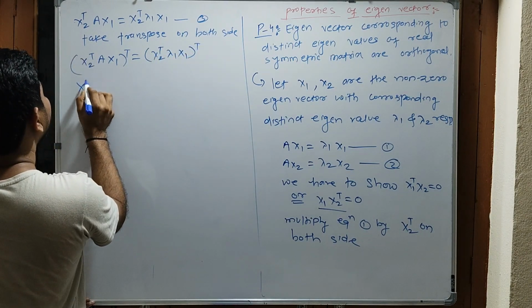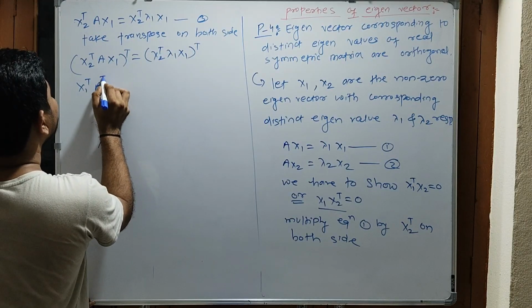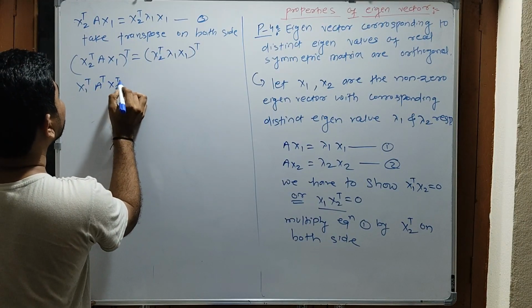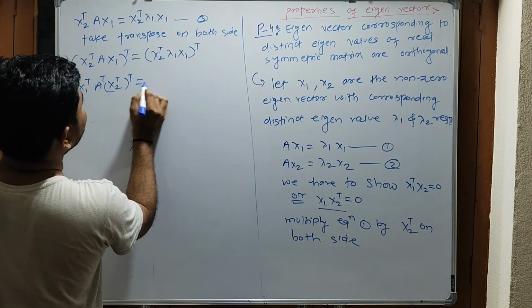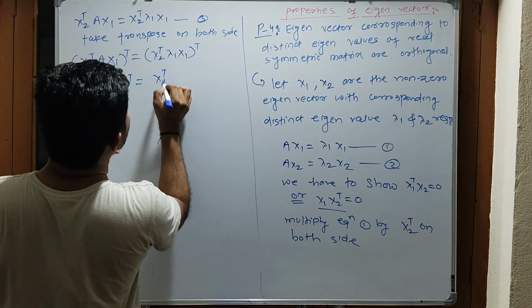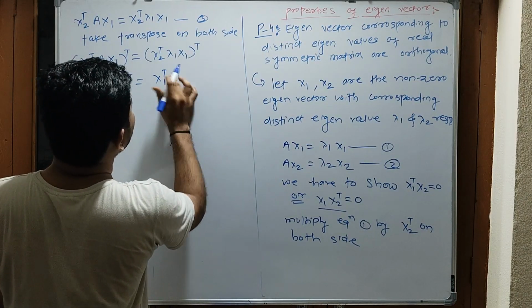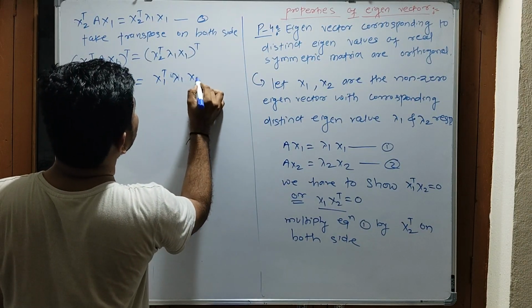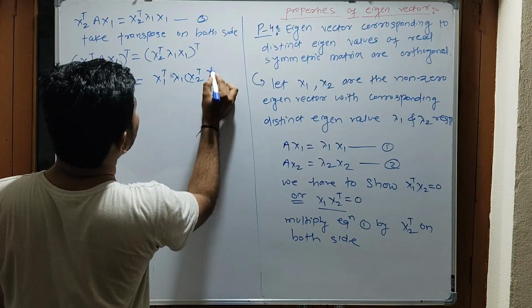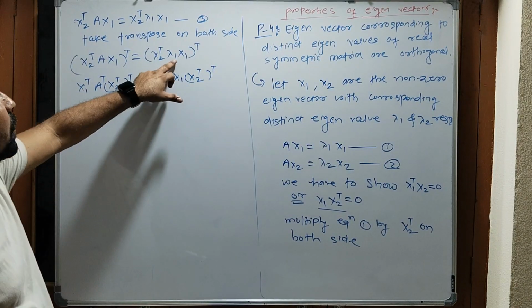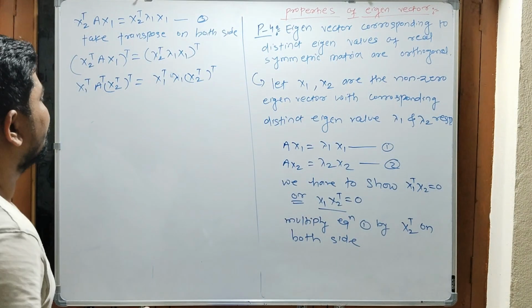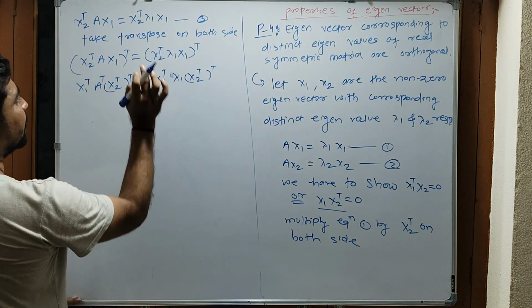This is the same as x1 transpose A transpose x2 equals x1 transpose lambda 1 x2. Lambda 1 is a scalar, so there is no need to take its transpose, as it is not a matrix.